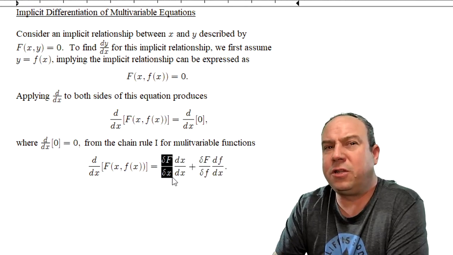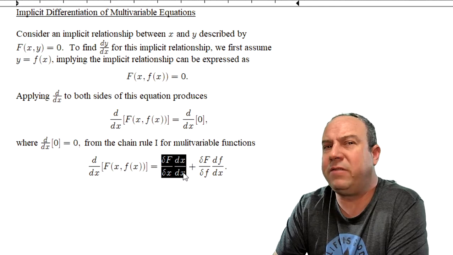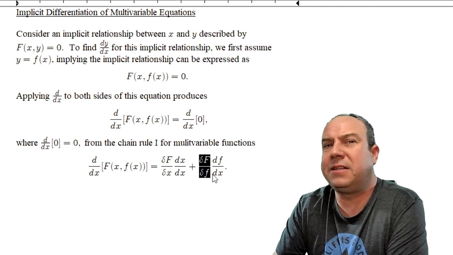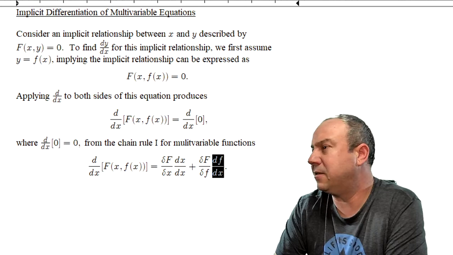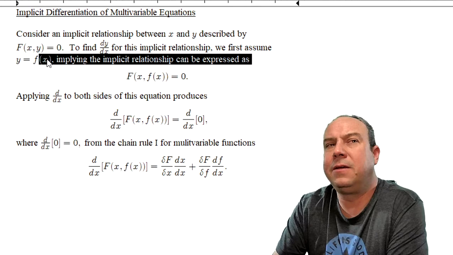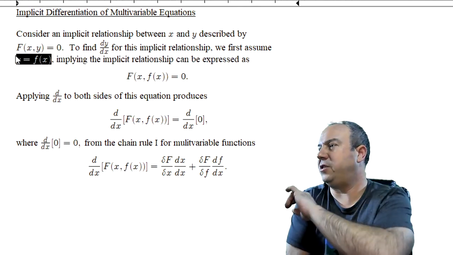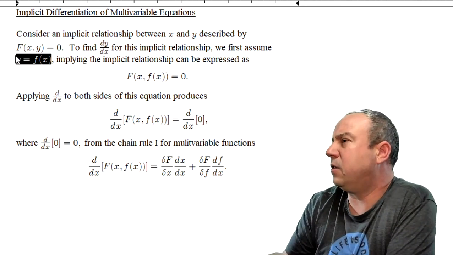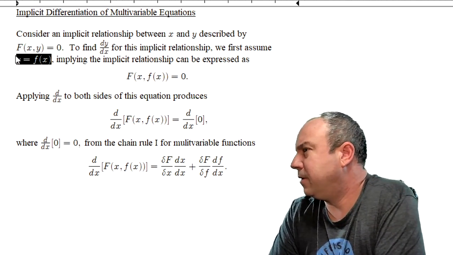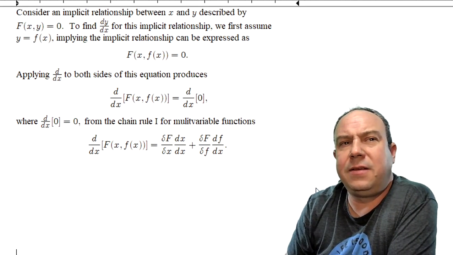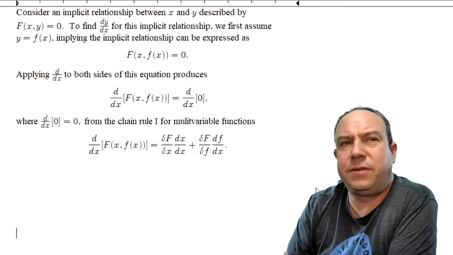It would be the partial of big F with respect to x times the derivative of x with respect to x, plus the partial of big F with respect to little f times the derivative of f with respect to little x, with f taking the place of y in this description, under these assumptions. From those, we have two results for derivatives.